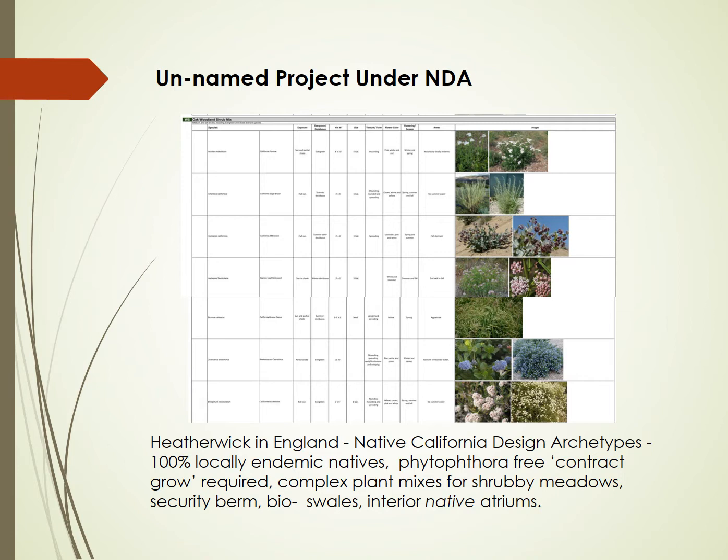The plant lists comprise several complex mixes, including grassy and shrubby meadows and woodlands, a security berm, functional bioswales, and interior native plant atriums. One of the challenging aspects of this project is finding and confirming plant species that will thrive on the shady north-facing sides of a 6-story office building, also under its 3-story covered entry plaza, and within the 3rd-floor open garden atriums.